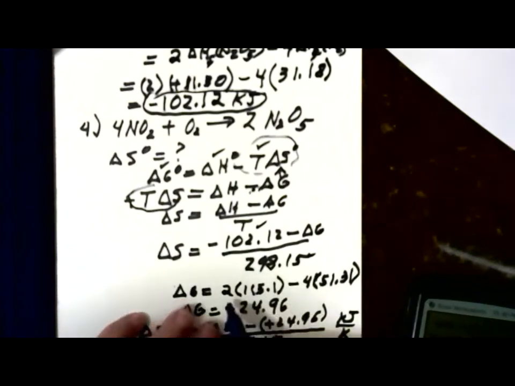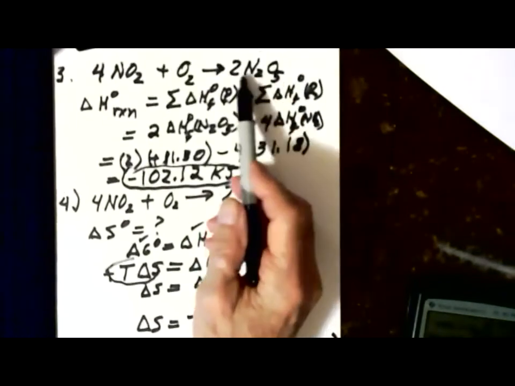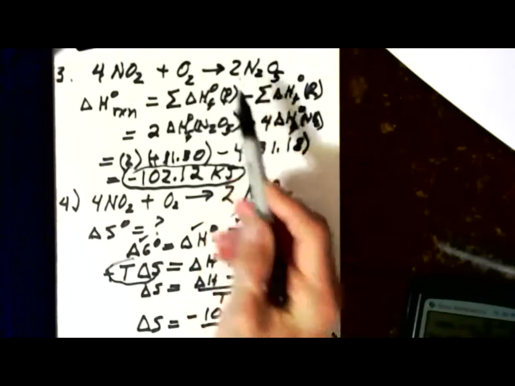Now let's double check down here. It could be that the answer is wrong up there, but all right. 2 times the delta H of formation of N2O5, that's right. And the delta H of formation of N2O5 is 115.1.